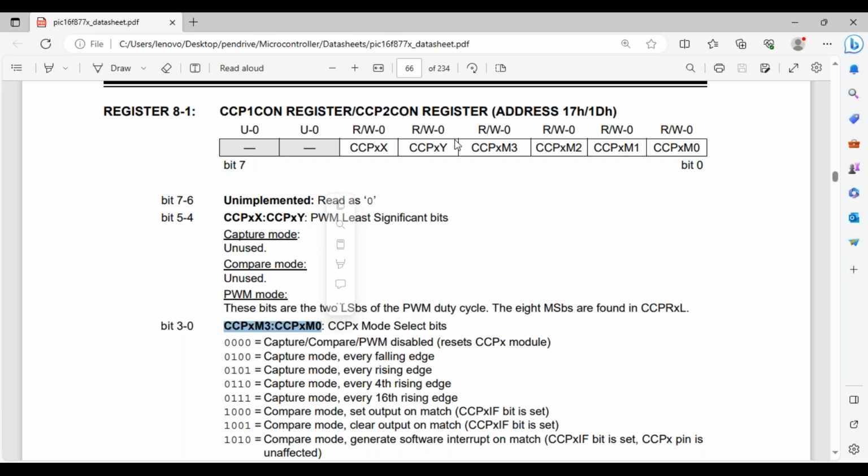That will be selected by CCPxM3 to CCPxM0, and I have to write it with the value 1, 1 and don't care. So it is 1, 1, and X, X. You can either write it with a 0 or with a 1.